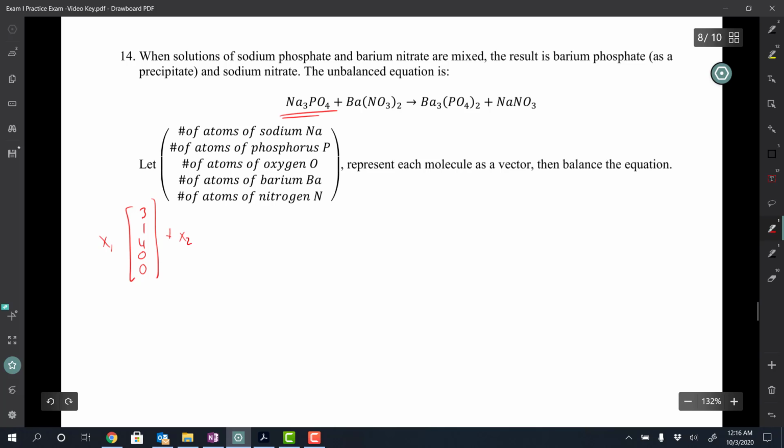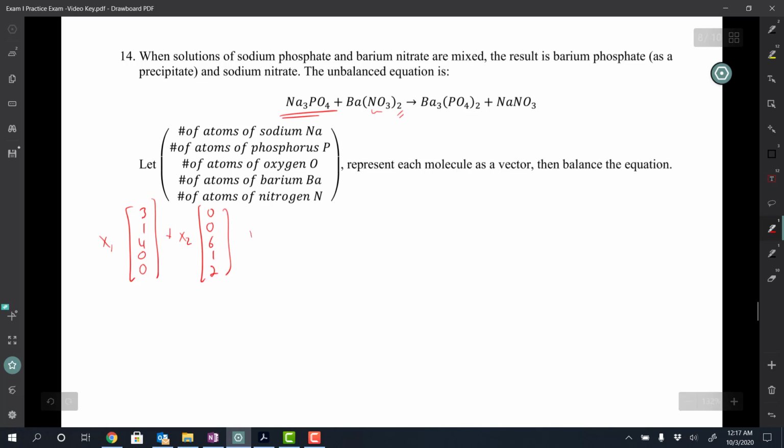I'm going to add the second molecule, which will be 0 sodium, 0 phosphorus. It's going to be 6 oxygen because I have 3 of this little piece times 2. So 6 oxygen, 1 barium, and 2 nitrogen.